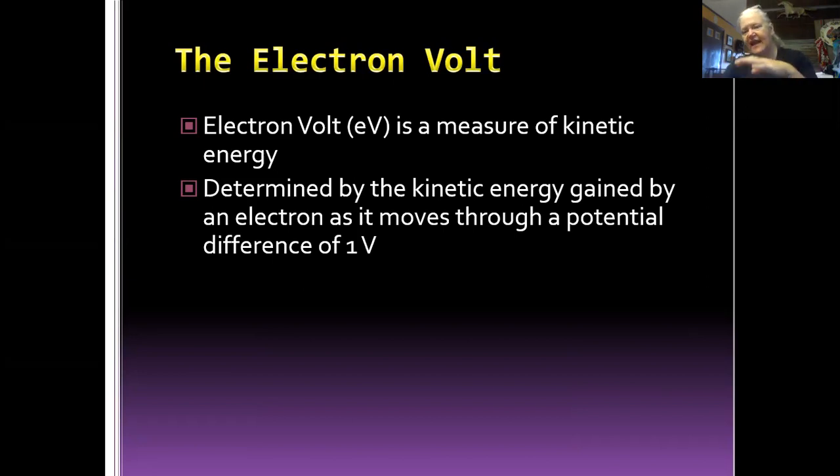If I find the energy, it's Q times V, the charge of the electron times the potential difference. The electron volt is a tiny little value of energy. It's 1.6 times 10 to the minus 19 joules, because really I've multiplied the charge of 1 electron times 1 volt.